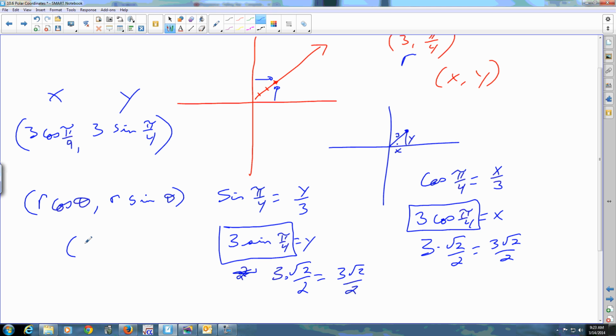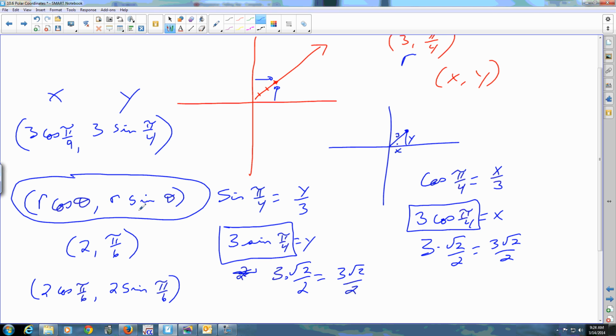So if I asked you to convert, I don't know, 2, pi over 6, all you have to do is go 2 cosine pi over 6, 2 sine pi over 6. You don't have to redraw the triangle every time because this is the conversion from polar to rectangular. Okay? So that should do it.